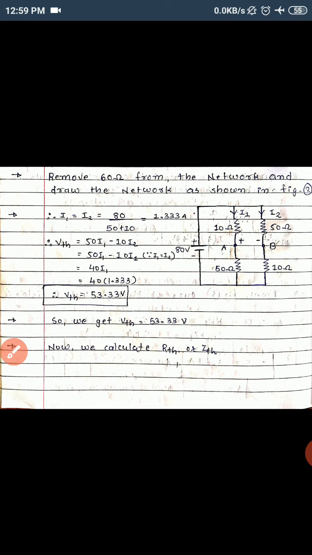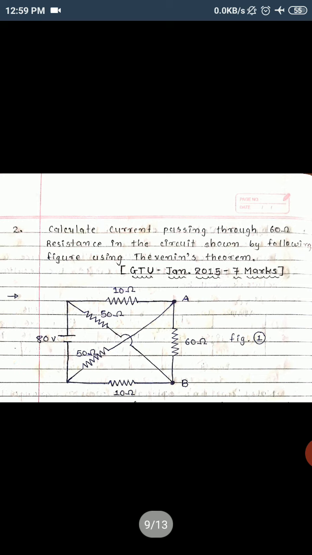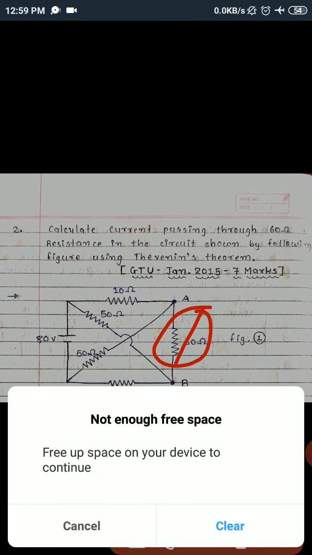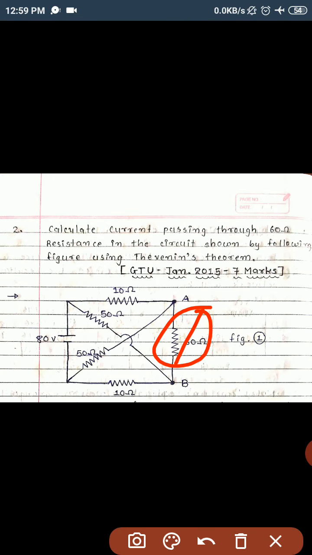So how will this figure be built up? Recall our first figure. Initially we have to remove the network B. So from 10 ohm to 50 ohm to negative terminal B, this is our first branch.